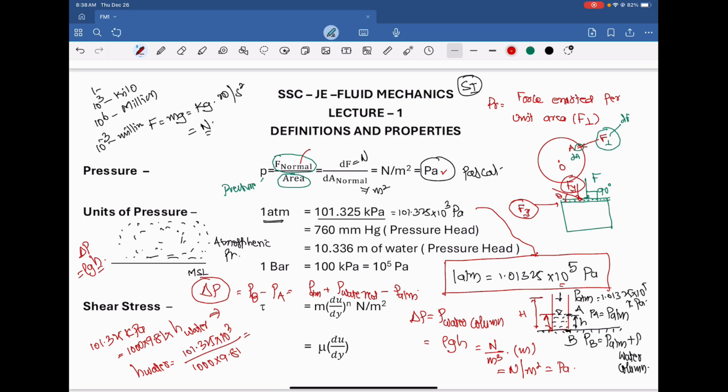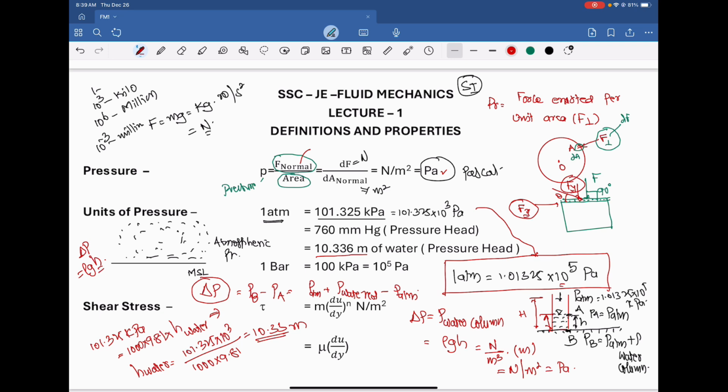Everything is in SI units. 101.325 into 1000 divided by 1000 divided by 9.81. That is equal to 10.33 meters. This is exactly 10.336 meters of water.